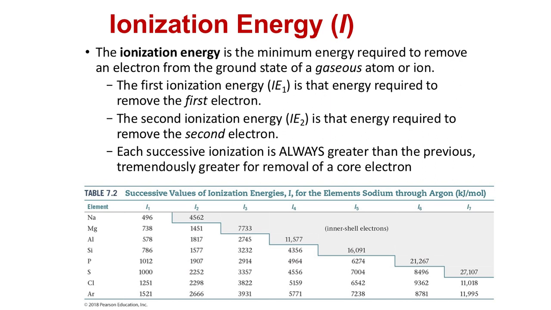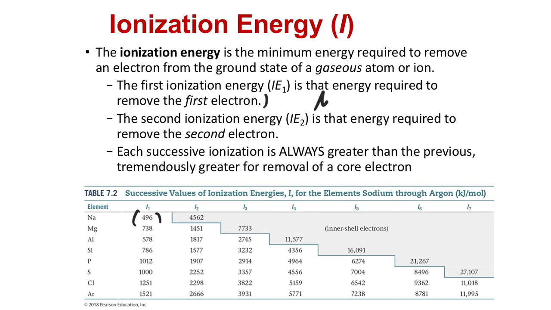So continuing on our discussion with ionization energy, I think we were on this slide when we were ending class last time. So the first ionization energy is the energy that's required to remove the first electron from an atom. So if we were to look at sodium, for example, it was 496 kJs per mole.